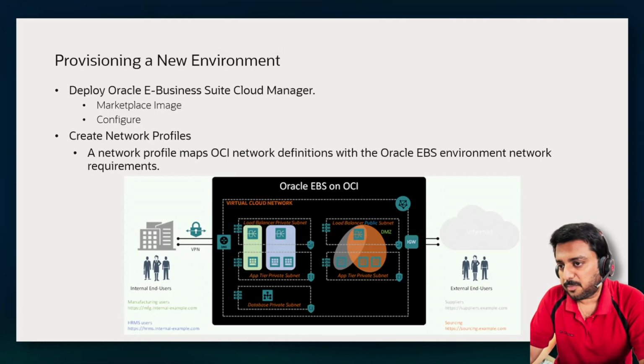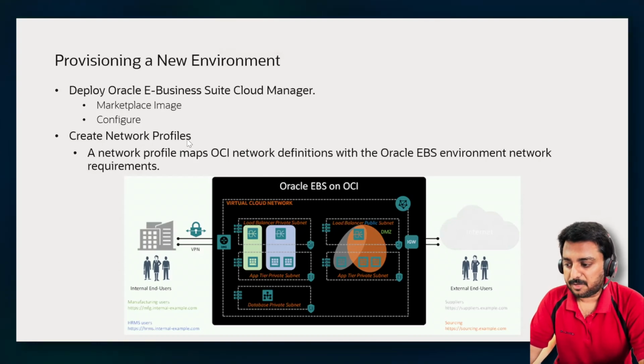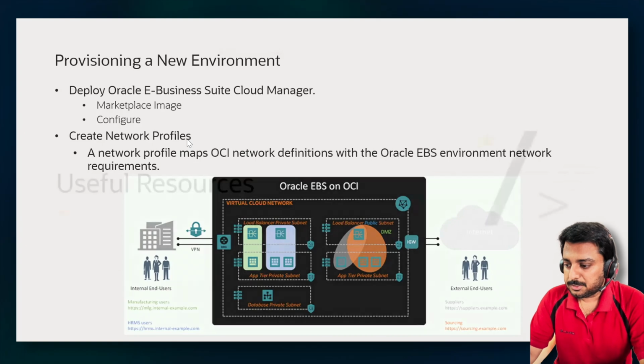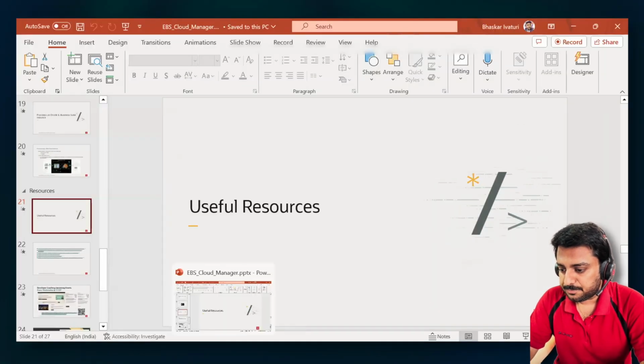So all the compartments, users, groups, you will be creating upfront in your OCI tenancy along with your VCNs and subnets. And once that is all done, you will be provisioning this Cloud Manager application from the Marketplace. And then from the Cloud Manager console, you will be creating these network profiles. So let's go to the Cloud Manager console.